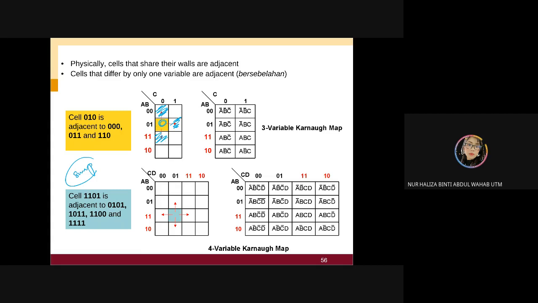Why is it only 3, doctor? There is no left. The left one is the same thing as the right over here. It would be confusing because it is similar. So here you have only 3 adjacents. Now here you have 4.